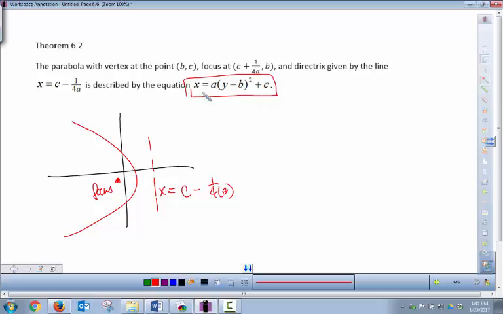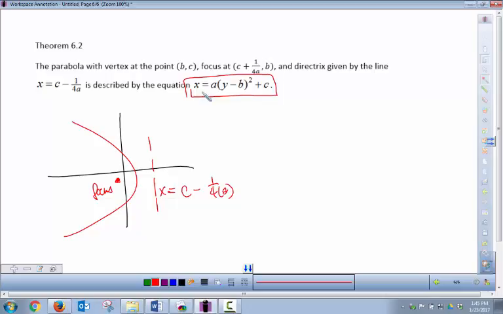And that's the big difference between a parabola going up or down and a parabola going left and right. Okay? All right, good. Any questions?